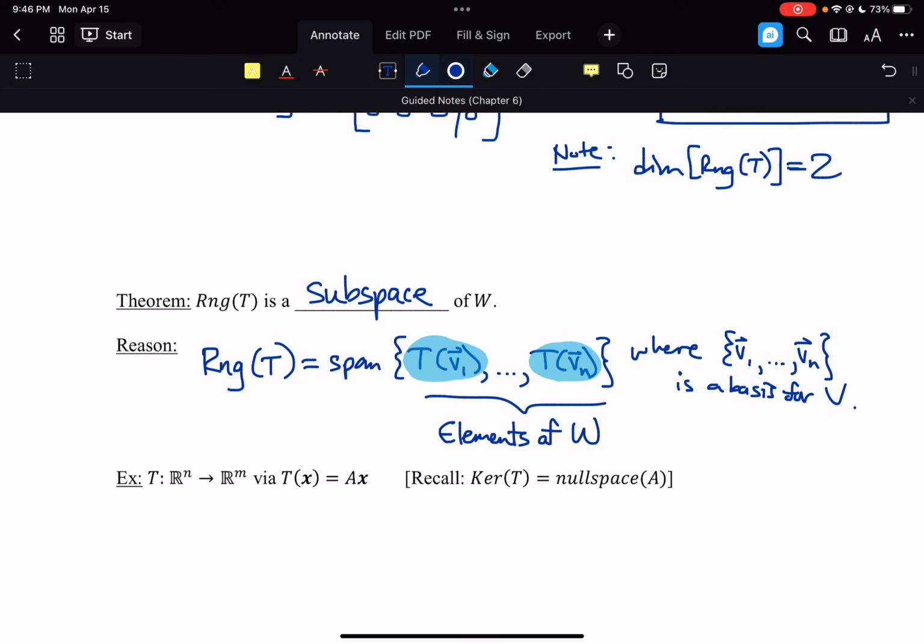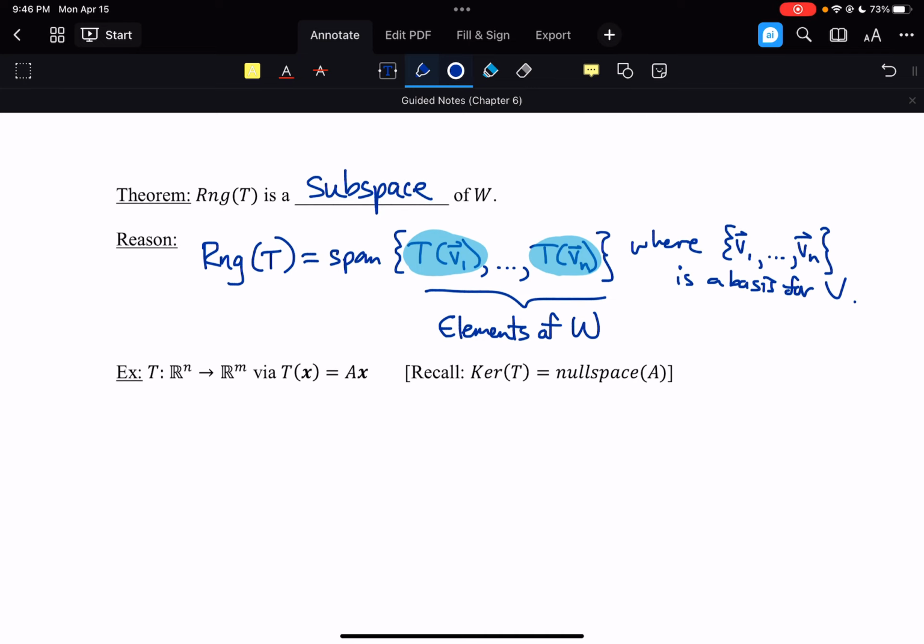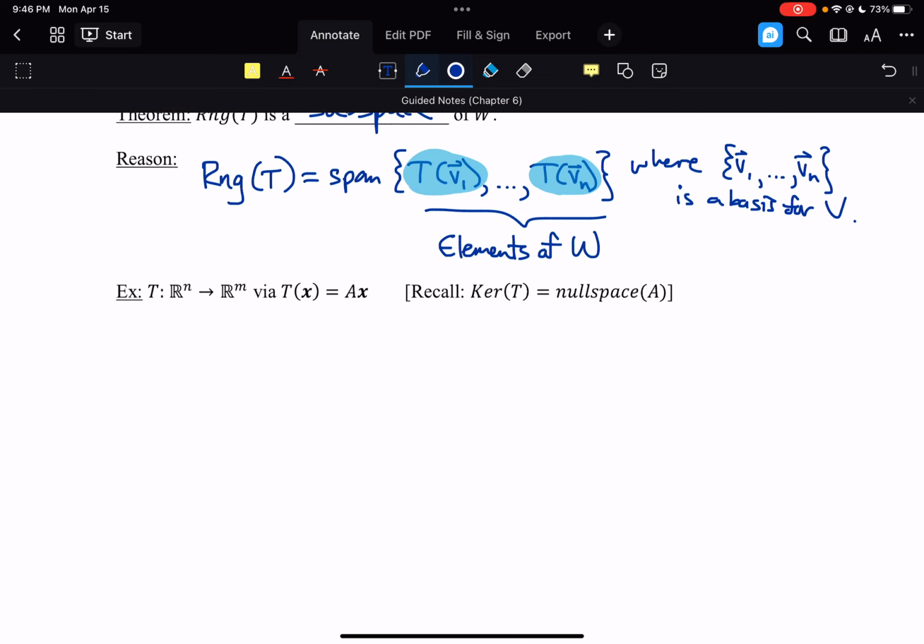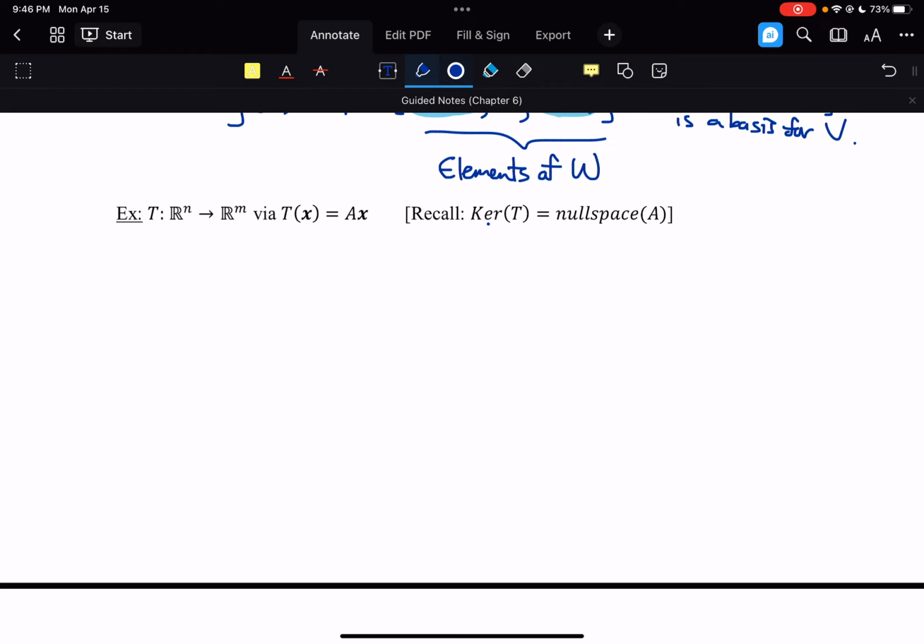If we take a look once again at the matrix transformation, recall that we showed that the kernel of the transformation is the null space of A. It's the null space of the matrix. If we look at the range of T, that is the span of the transformation of each basis vector.